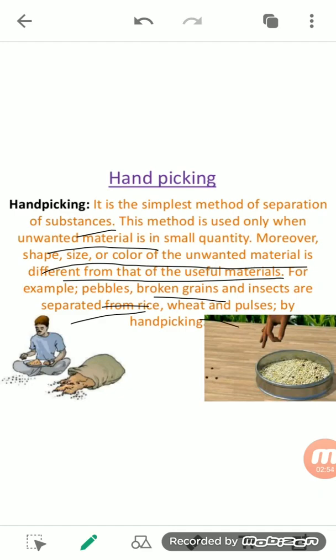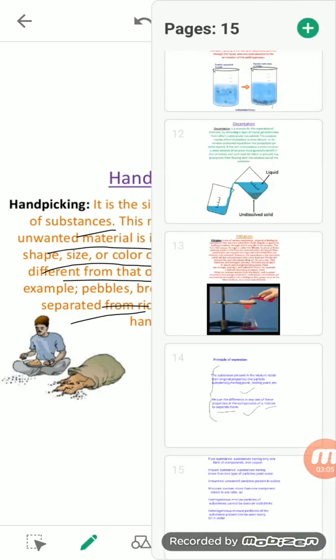Since it is hand picking, it means it is done manually. So there is some restriction or limitation of doing it.